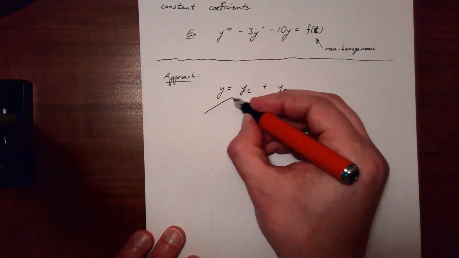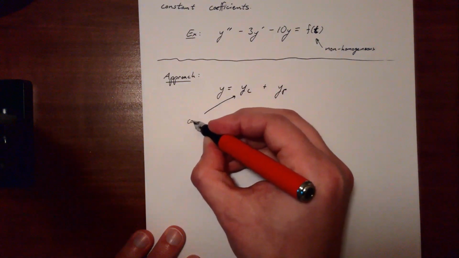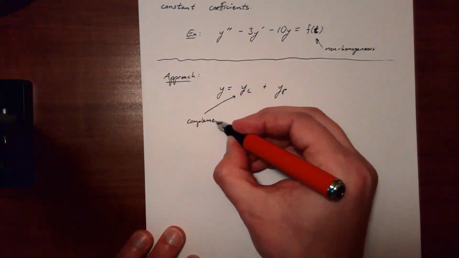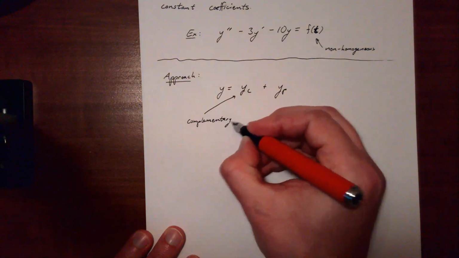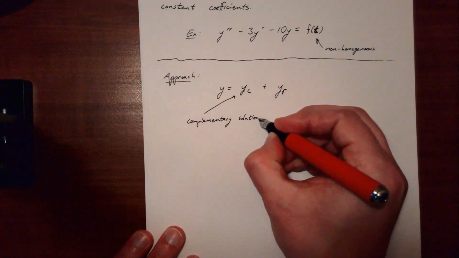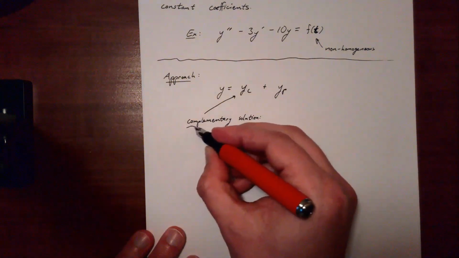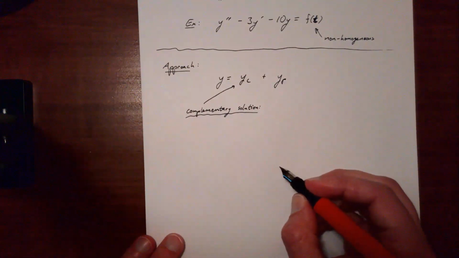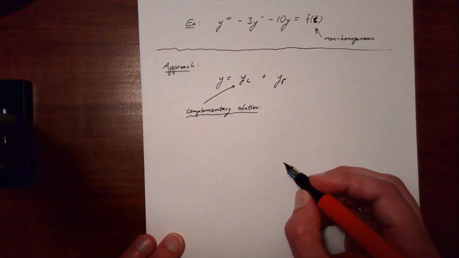So yc is the complementary solution, and this represents the general solution to the associated homogeneous equation.